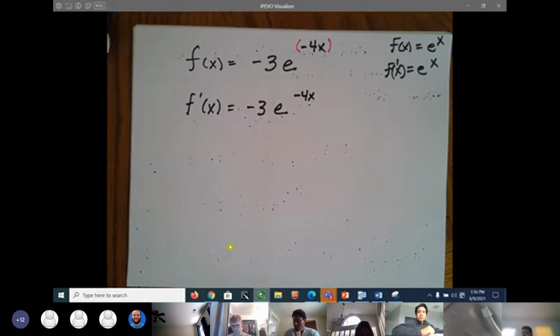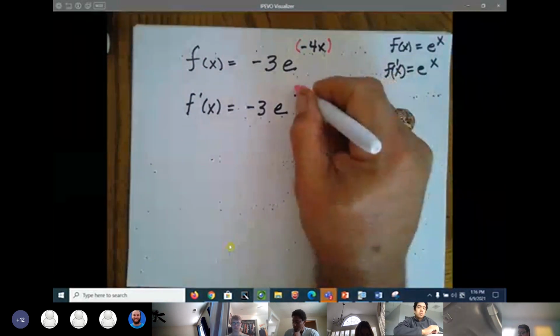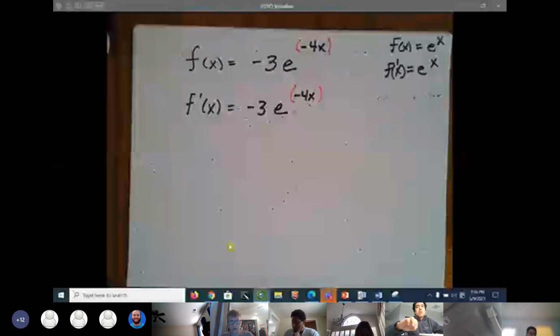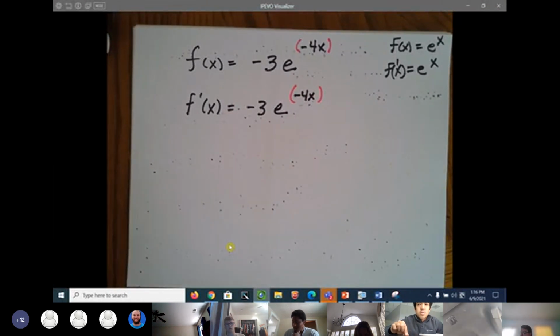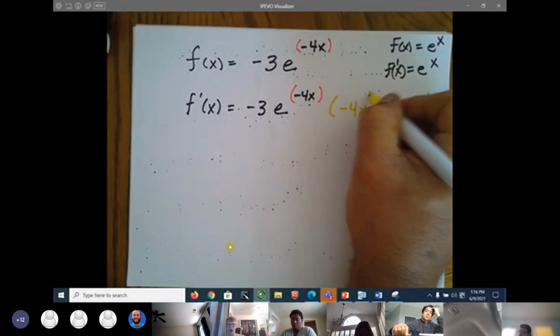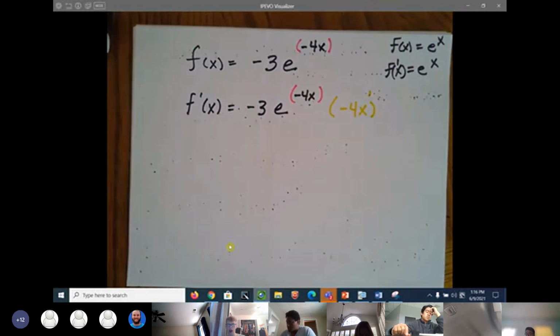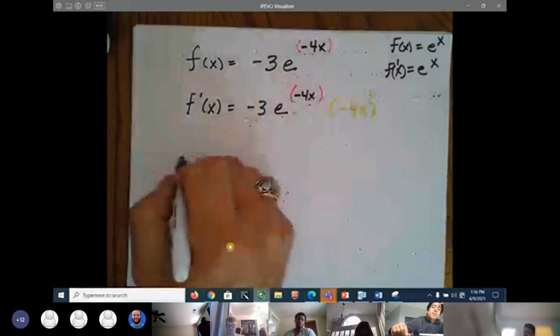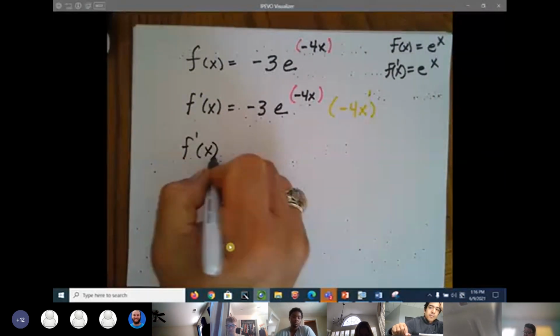And what's inside the parentheses? Negative 4x. So I'm going to find the derivative of what's inside. And what is the derivative of negative 4x? Negative 4.